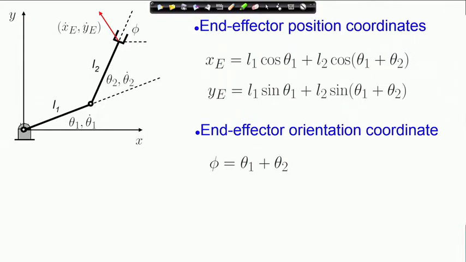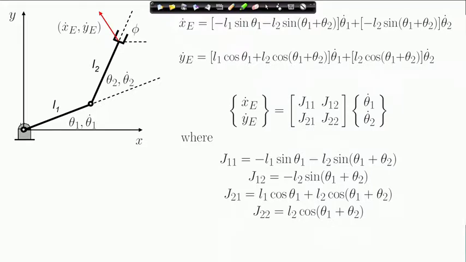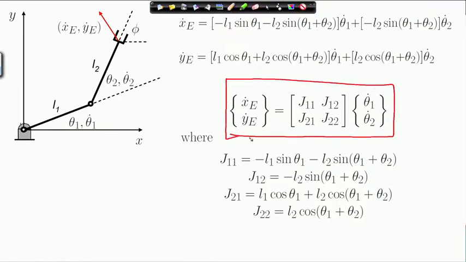Let us review what we had discussed in the velocity analysis problem. We were given the displacement relations, then differentiating the displacement relations we arrived at the velocity relation, the input output velocity relation.